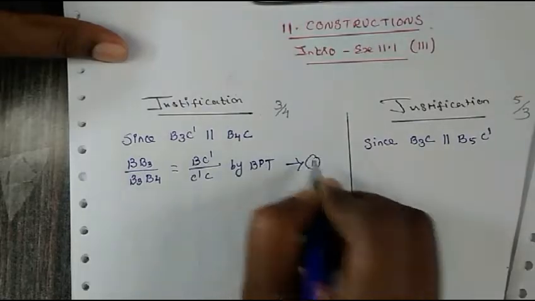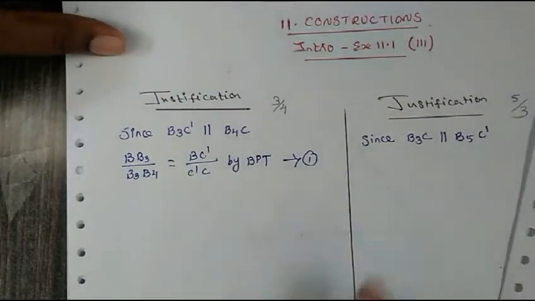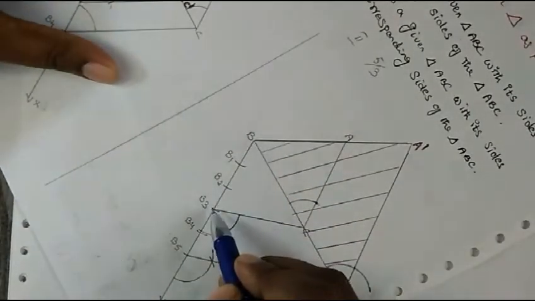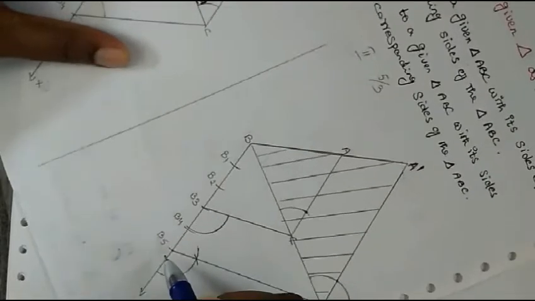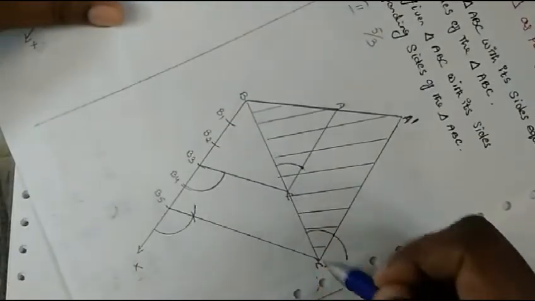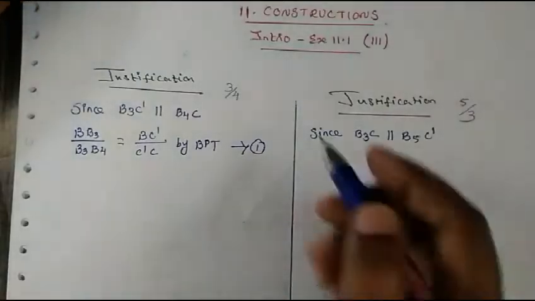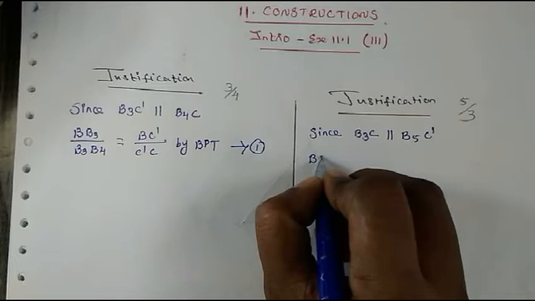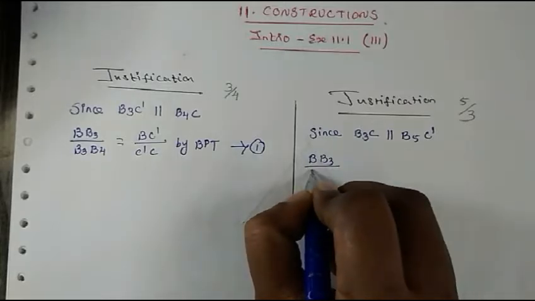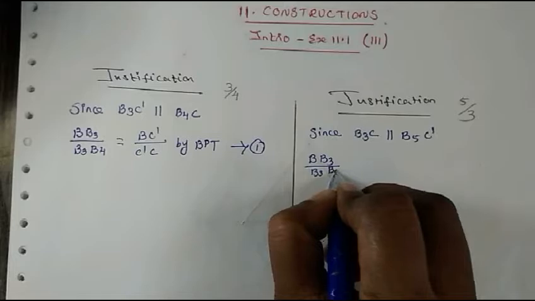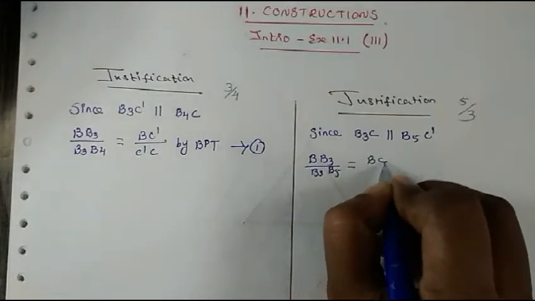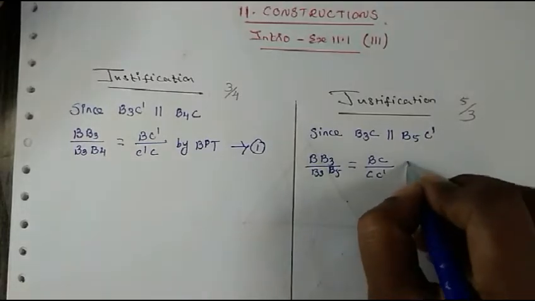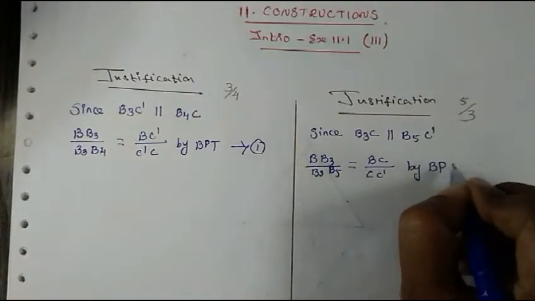So we consider this as equation 1. Same way you have to write here also. Here, since they are parallel, B B3 upon B3 B5 will be equal to B C upon C C dash, by basic proportionality theorem.